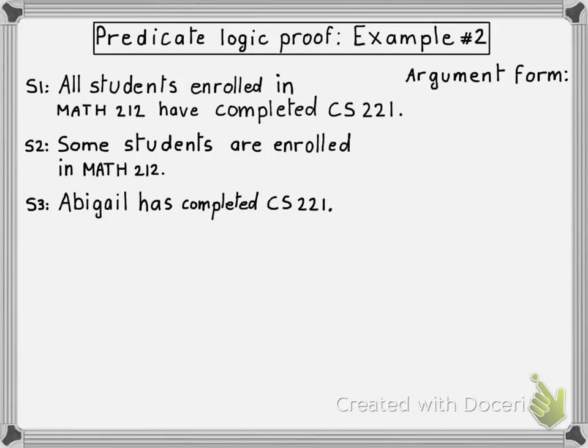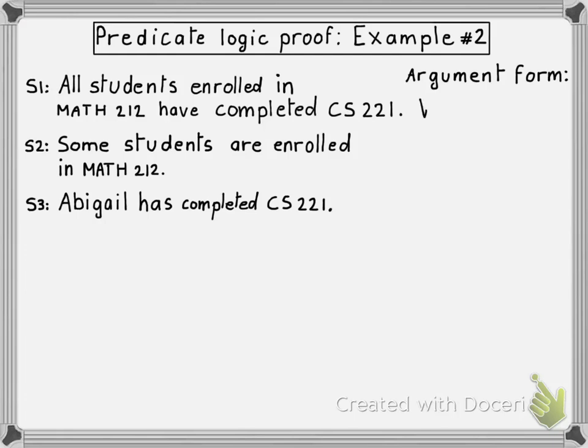We're going to use the predicate m of x to denote the fact that x is enrolled in Math 212, and the predicate c of x to denote the fact that x has completed CS 221, where the domain for x is, say, the set of all students at UW-Oshkosh.